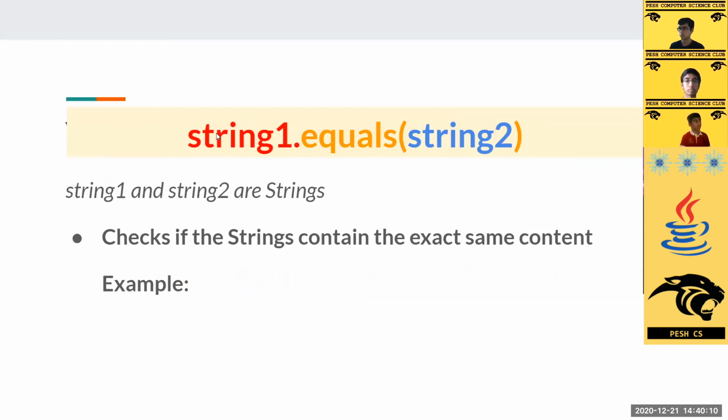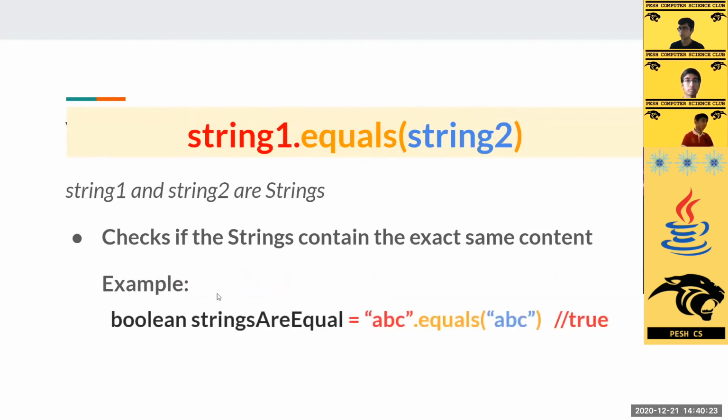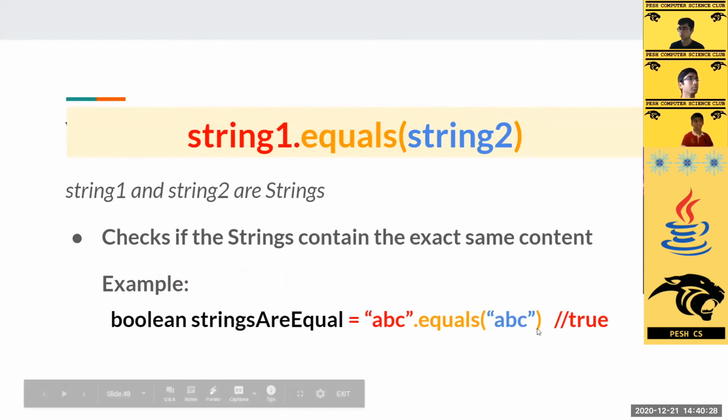String 1 here is like a variable. You can think about it like that. And string 2 is also a variable. What it's doing is checking if the two strings have the same exact content. So for example, we can have: is ABC equal to ABC?